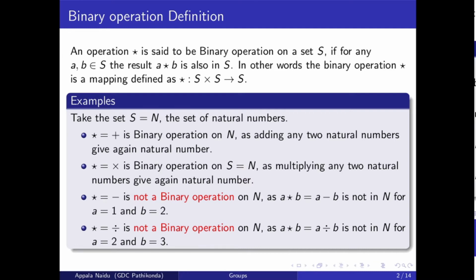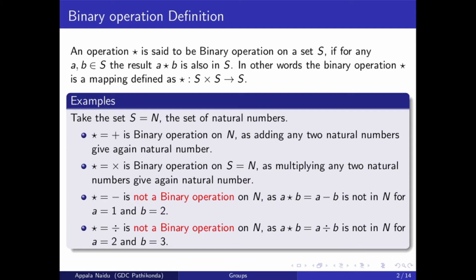For example, if you take a equal to 3 and b equal to 1, the result a minus b is 2, which is in natural numbers. But if you take a equal to 1, b equal to 2, a minus b is minus 1, which is not in the set of natural numbers. So in some cases the result is in the set of natural numbers, but in some cases the result is not.